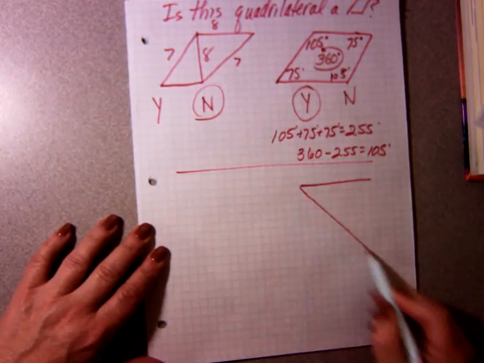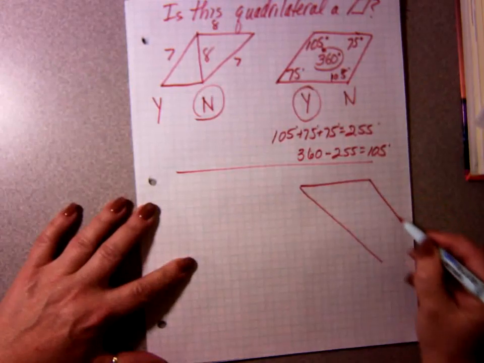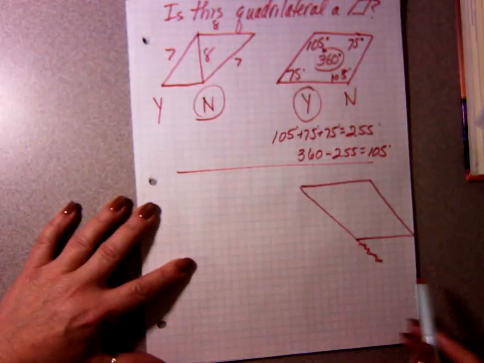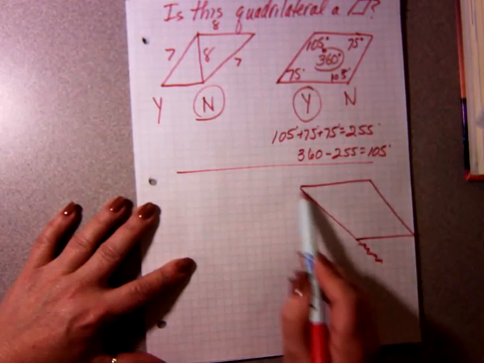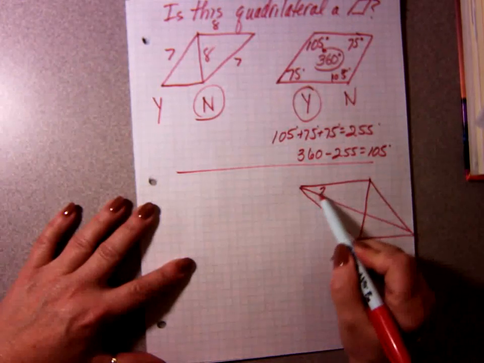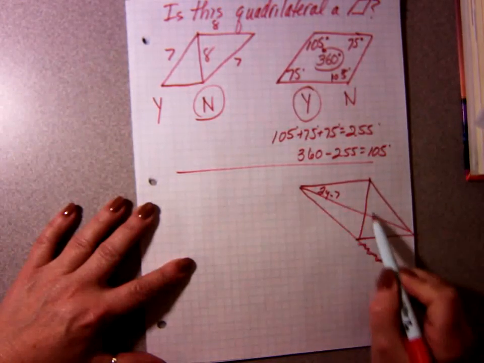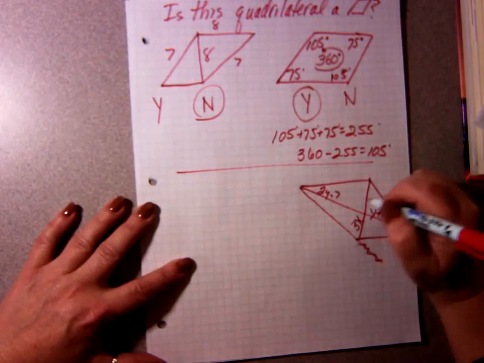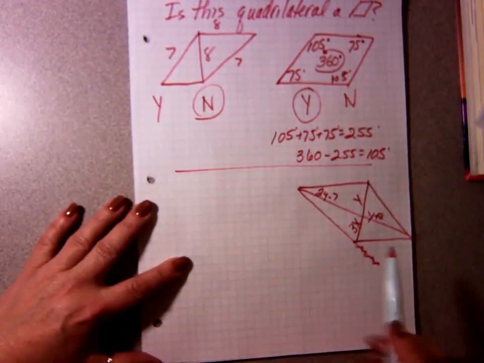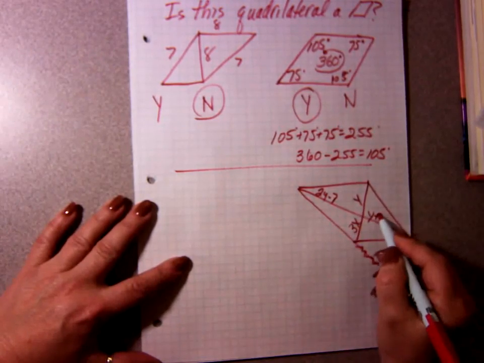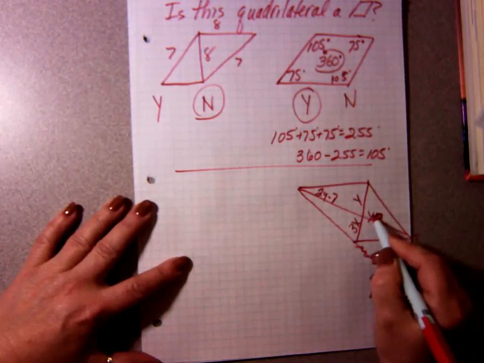For the following parallelogram, or I should say quadrilateral, with diagonals 2y minus 7, y plus 2.